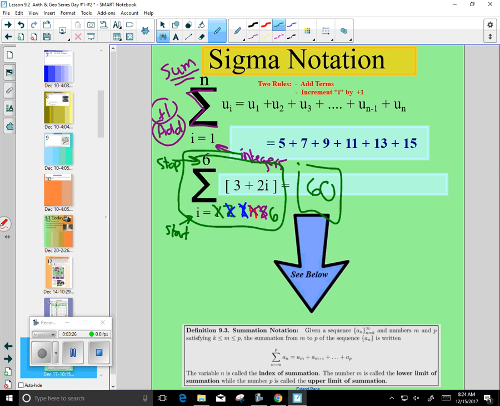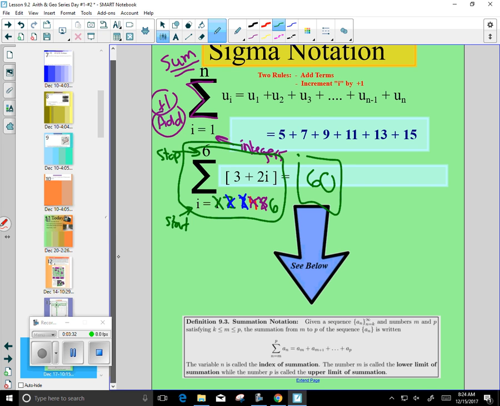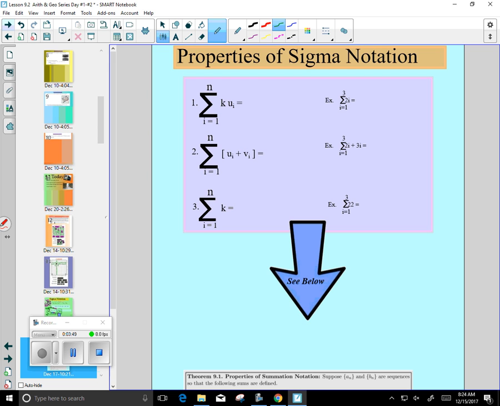Sigma notation is a way of showing sums. And you can see a little more details to it, but there's your start at the bottom, your end at the top. You add them up, you increase by 1 each time. No problem. Two rules: you add the terms and you increment i by plus 1 every time, no fractional increases.